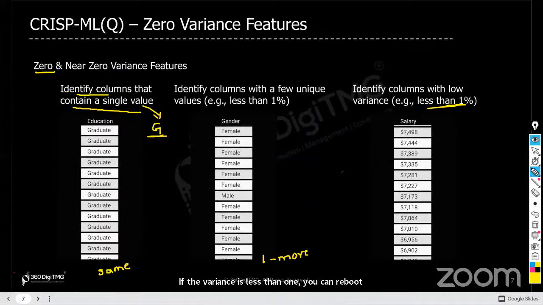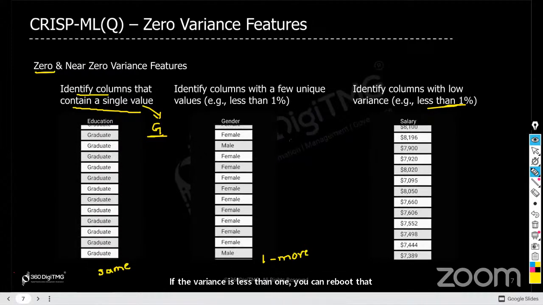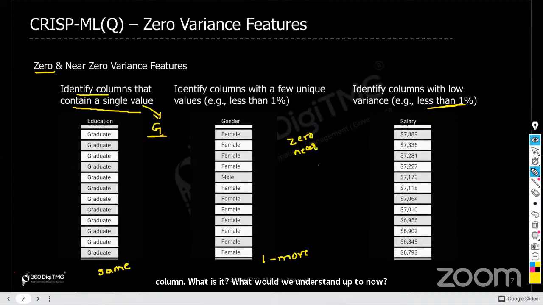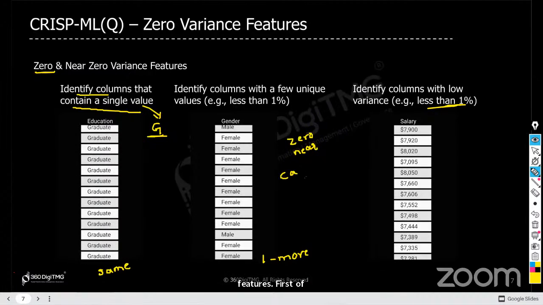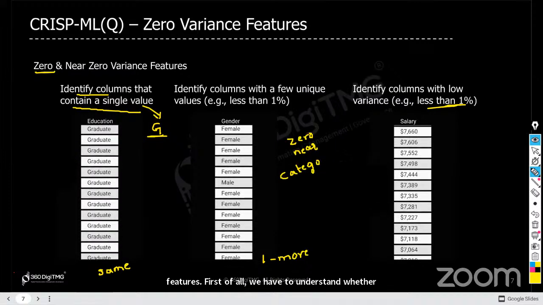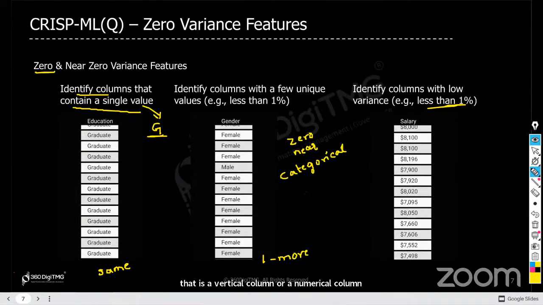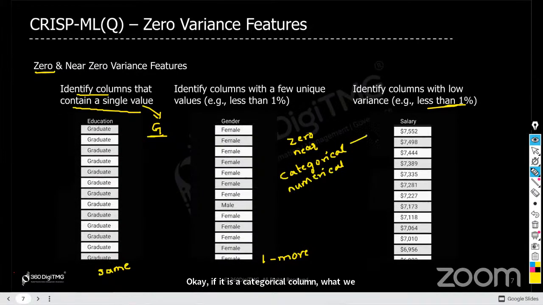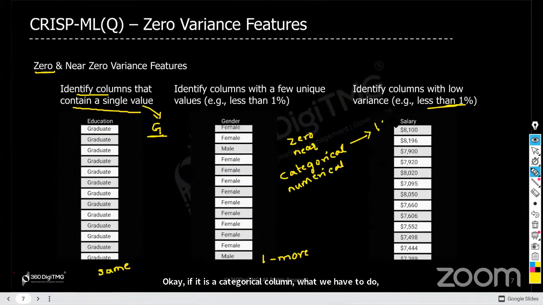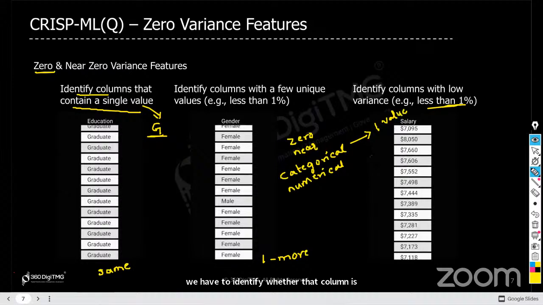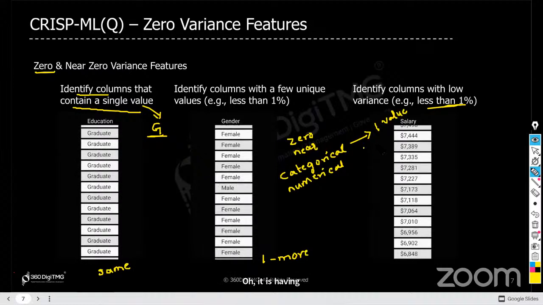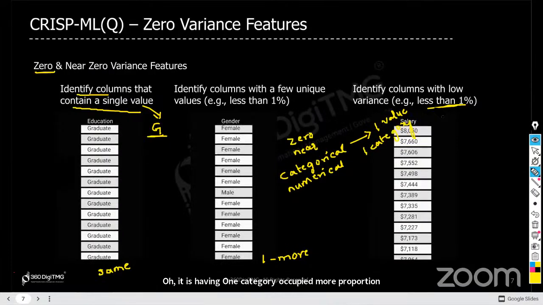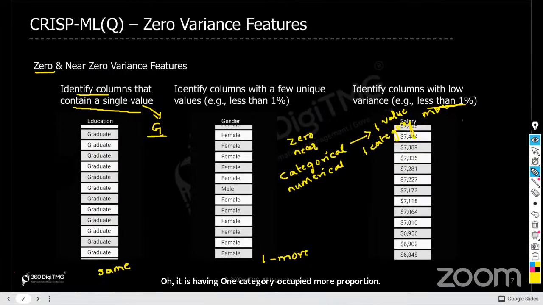What did we understand up to now? When we are talking about zero variance and near zero variance features, first of all we have to understand whether that is a categorical column or a numerical column. If it is a categorical column, we have to identify whether that column has a single value or whether one category occupies a larger proportion.